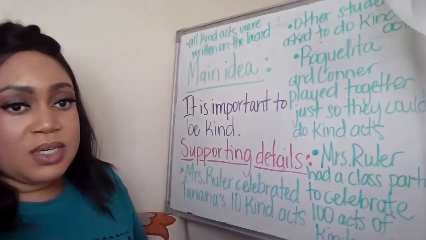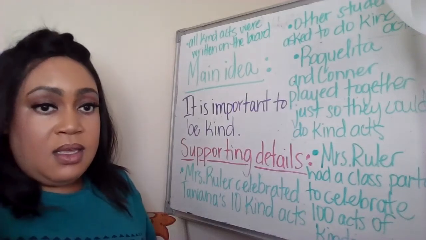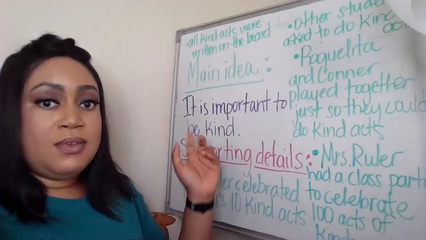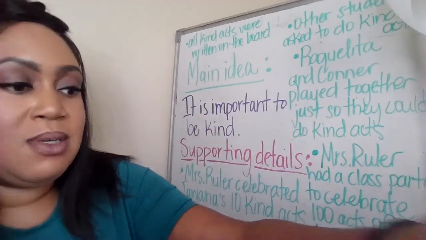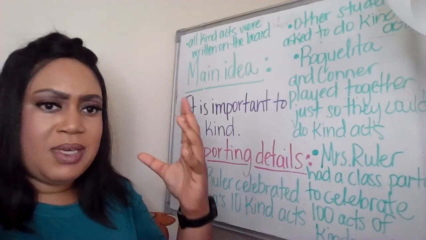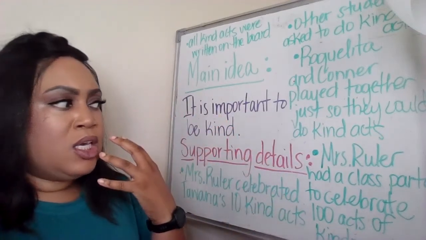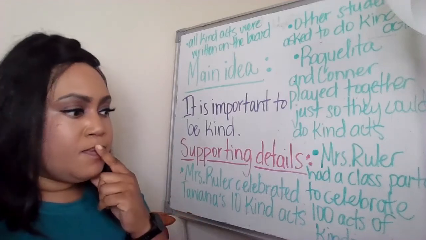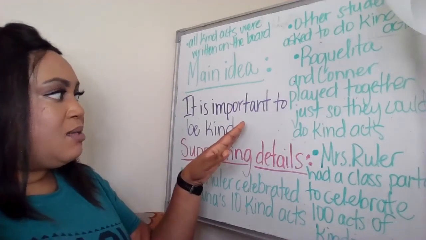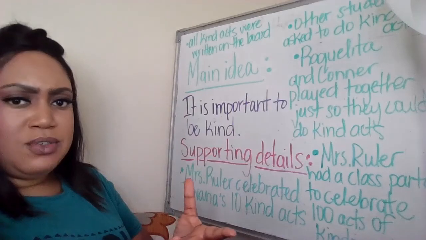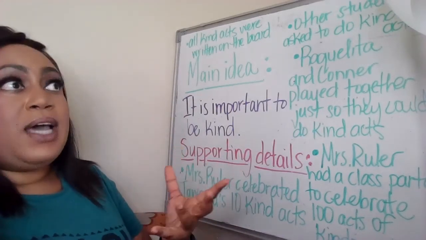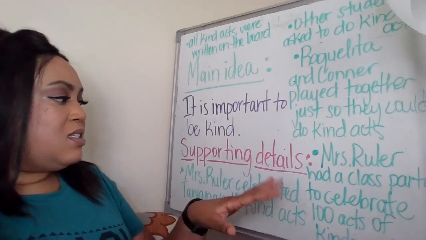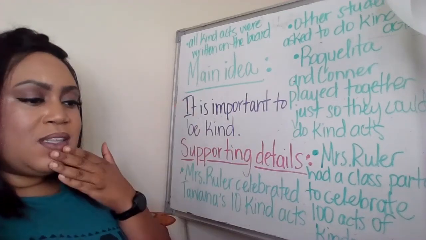Okay, each of these supporting details, and you can see there are a lot because we can keep going, each of these prove that the main idea is that it is important to be kind. Now for the grand unveiling, I want you to think about what the title of this story is. Knowing that the main idea is something around how it's important to be kind, and we've got details that support that, what then could the title be?